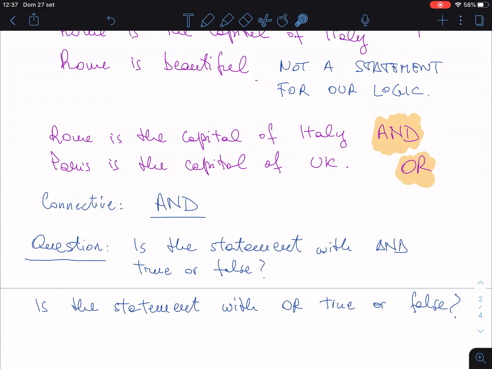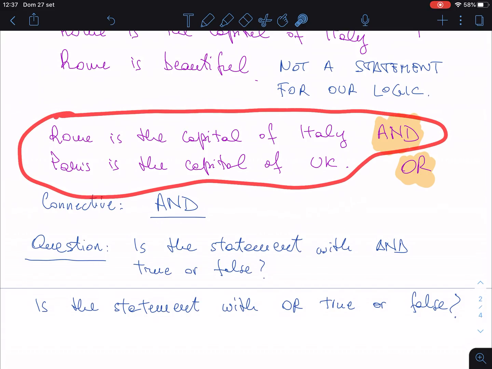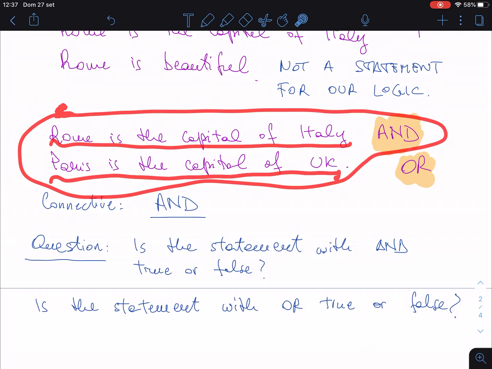At our level, it is not important that you enter into the formalism, but the intuitive idea is that the whole statement here is true if both the elementary statements Rome is the capital of Italy and Paris is the capital of UK are true.